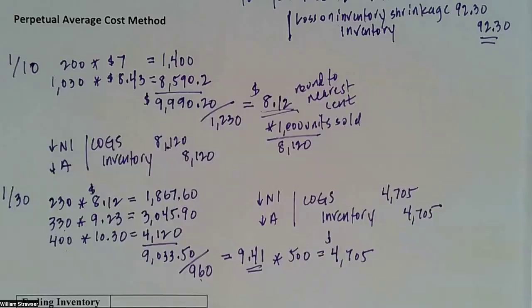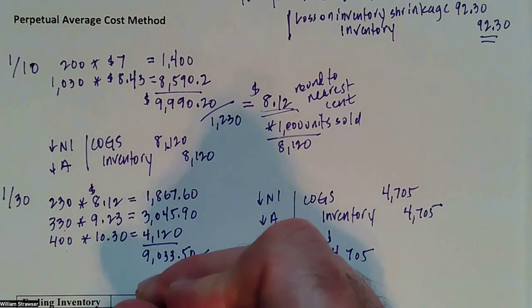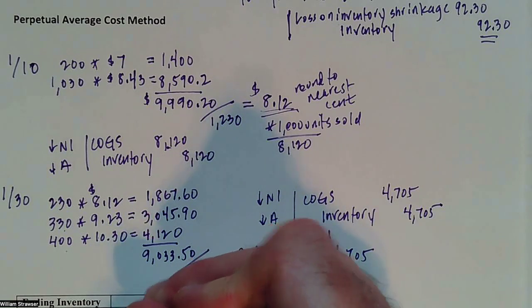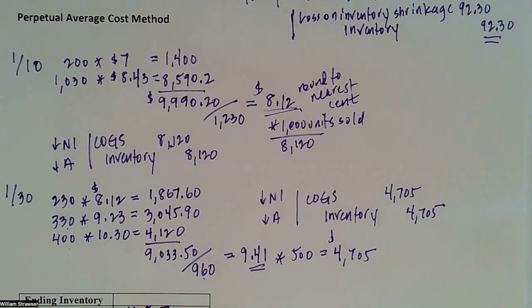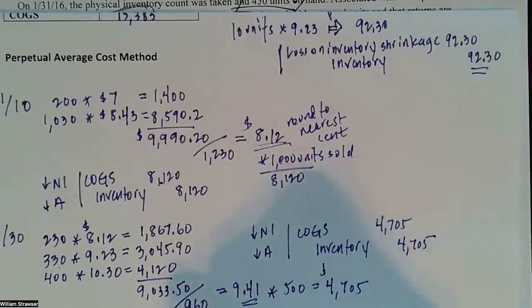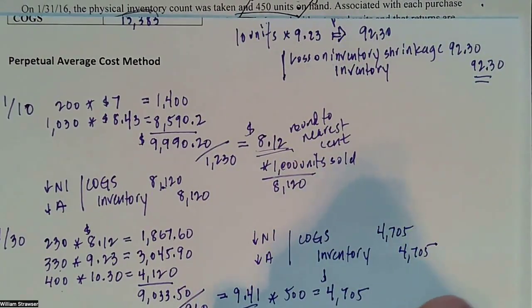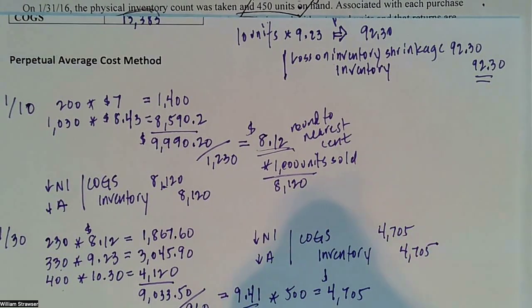So I add those together to get the total cost of goods sold, 12,825. And I subtract that from my goods available for sale. That gives me the ending inventory before adjustment for shrinkage.